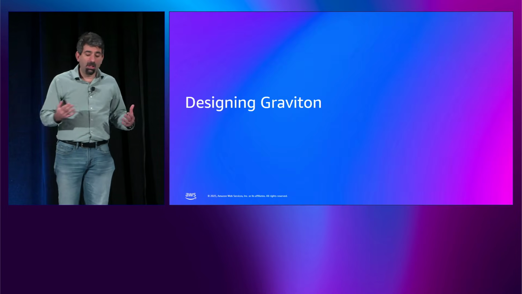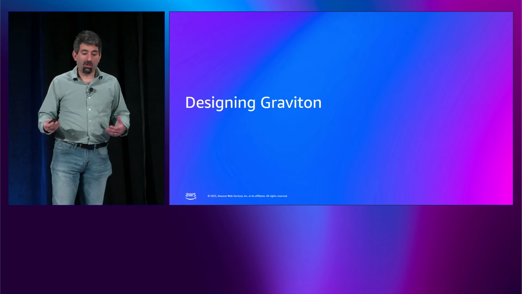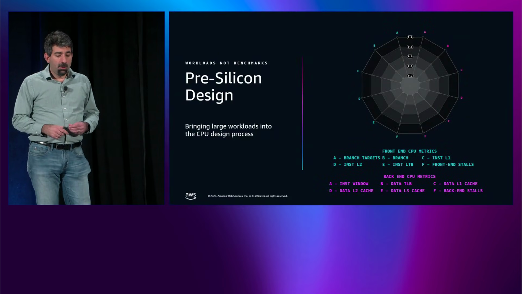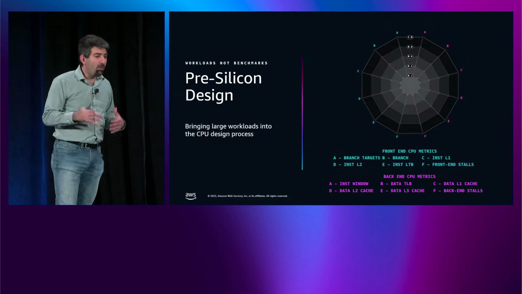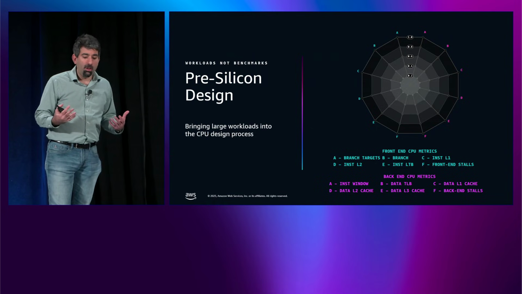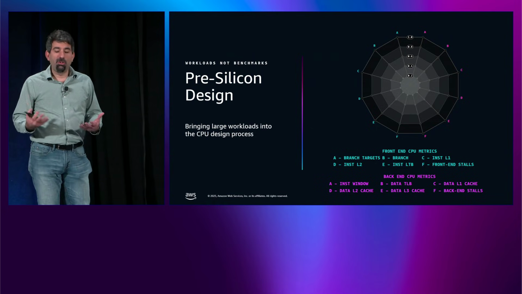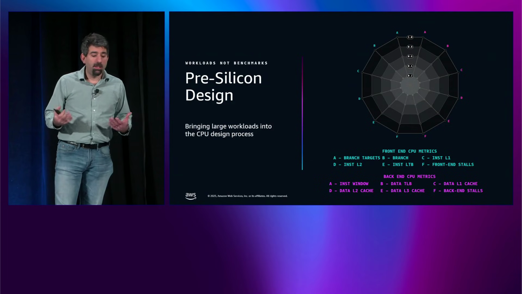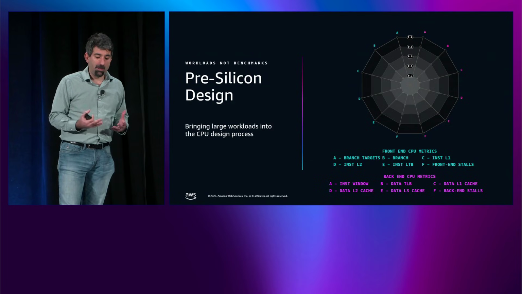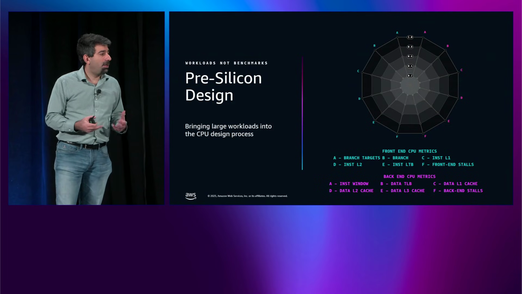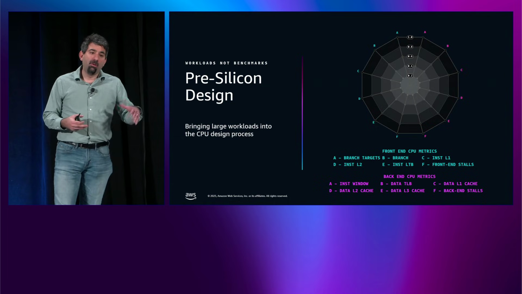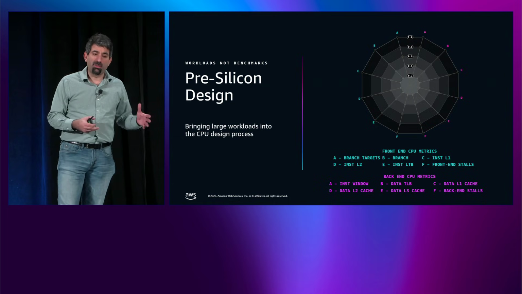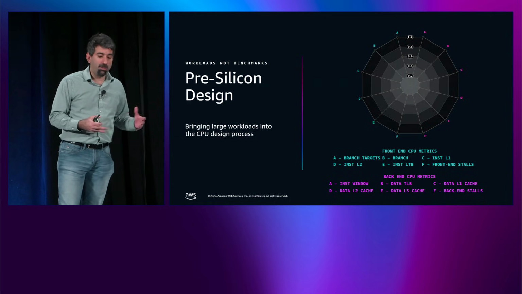So let's talk now a little bit about designing and building Graviton. When we're looking at building a new version of Graviton, we're bringing lots of workloads to the design process. And one of the ways that we visualize that is these polar plots like this. On the left-hand side are features that tend to be on the front end of the processor, things like branch prediction and instruction misses.